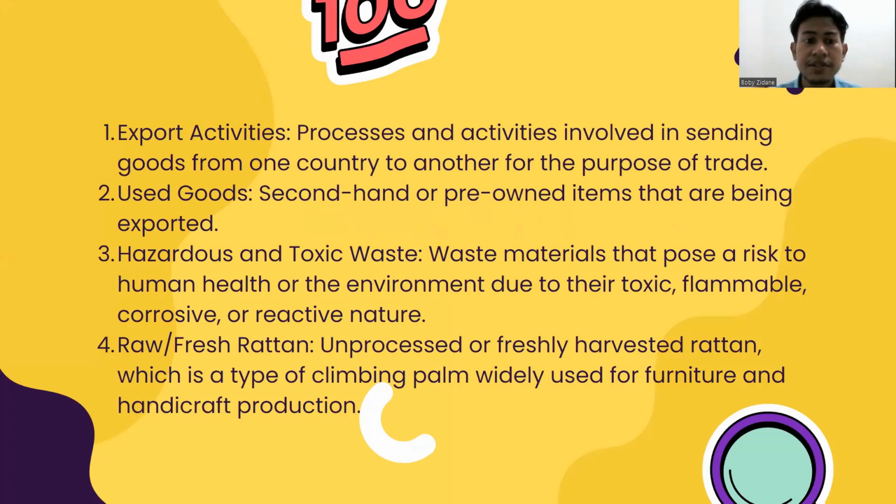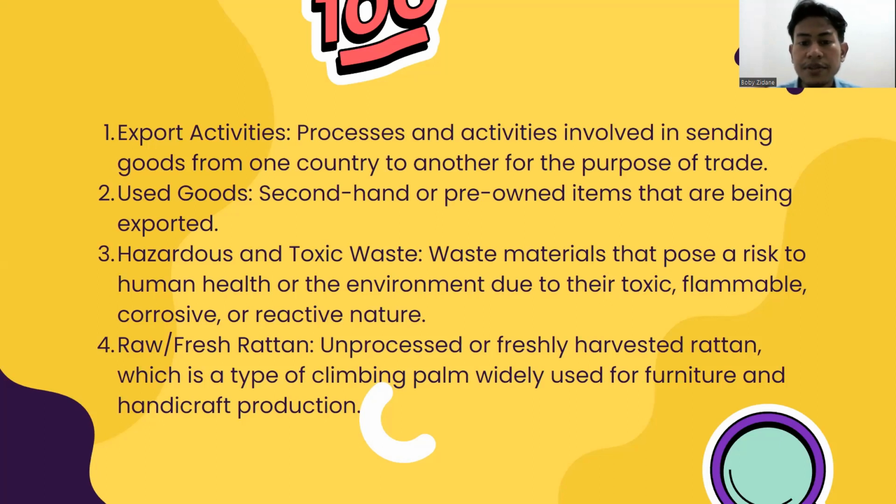And the third is hazardous and toxic waste, material that poses a risk to human health or the environment due to their toxic, flammable, corrosive, and reactive nature. And the fourth is raw or fresh rattan.